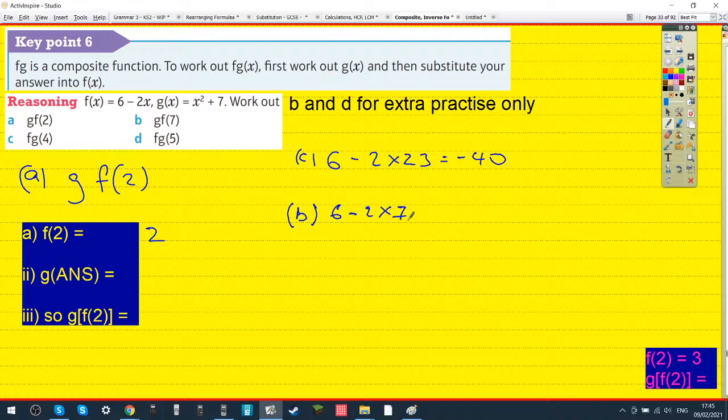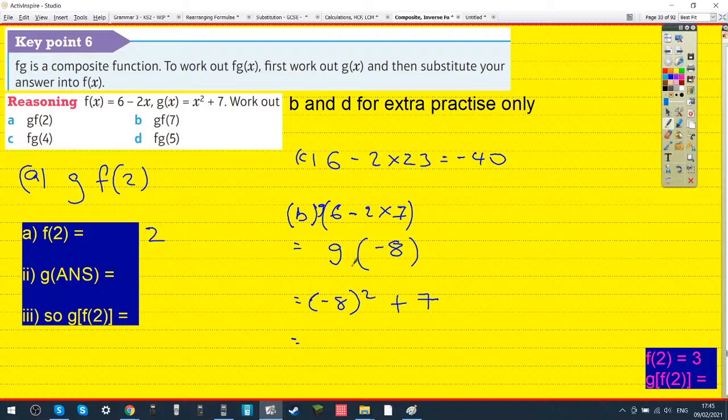Then minus 8 squared plus 7, and that is minus 57.